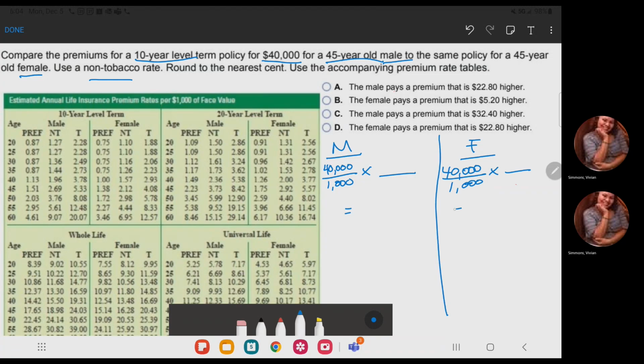Okay, so looking at these, so 10-year level, male and female, both non-tobacco, and they're both 45, 2.69 for the male, 2.12, so 2.69 times the 40,000 over 1,000, and then for the female, you're going to multiply that 40,000 divided by 1,000 times 2.12.